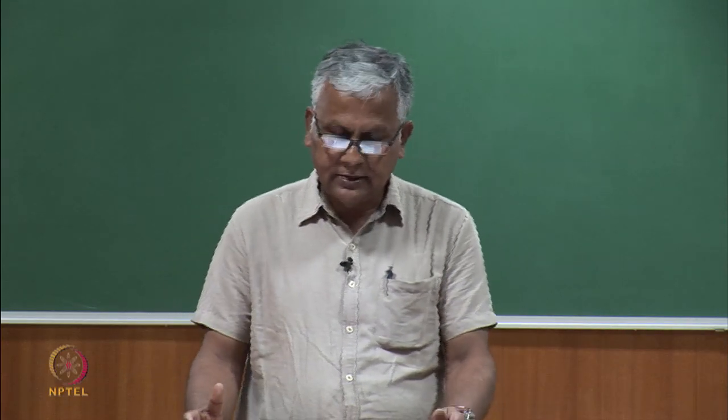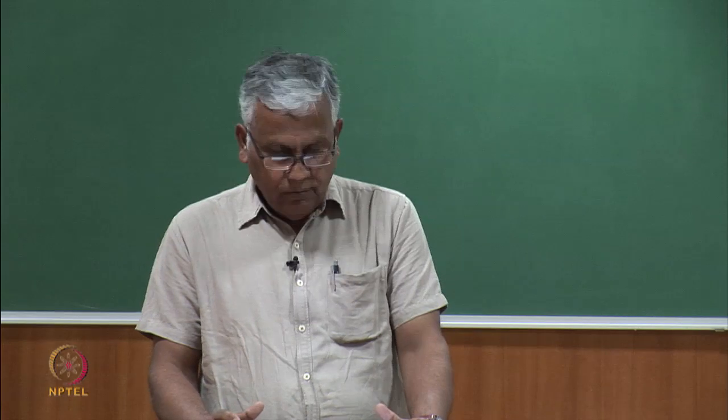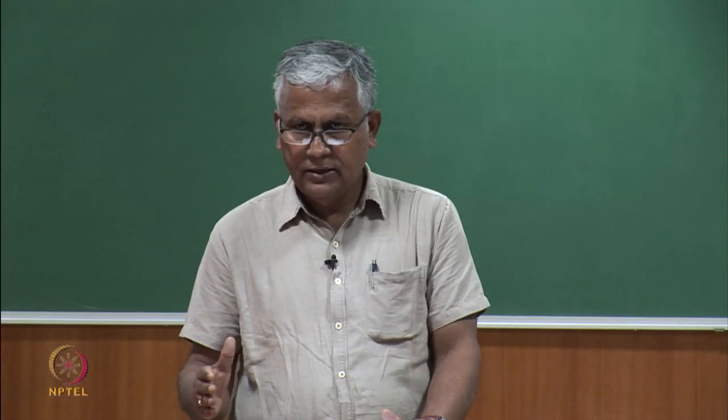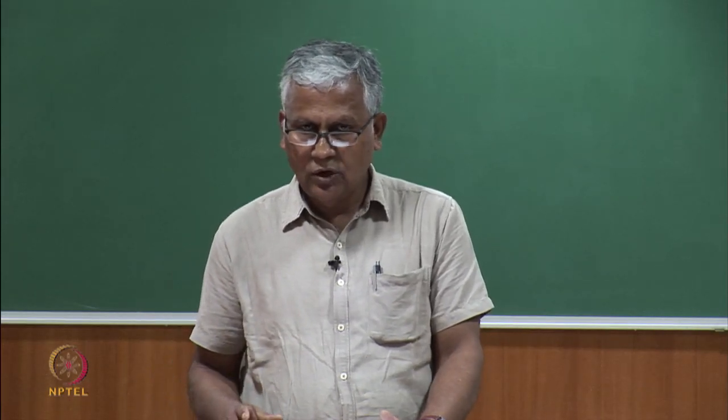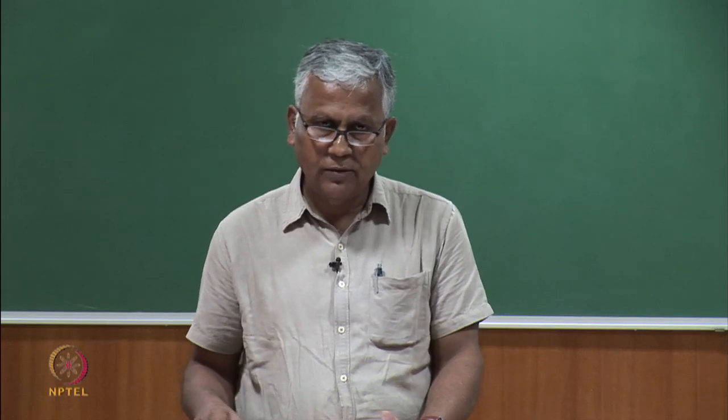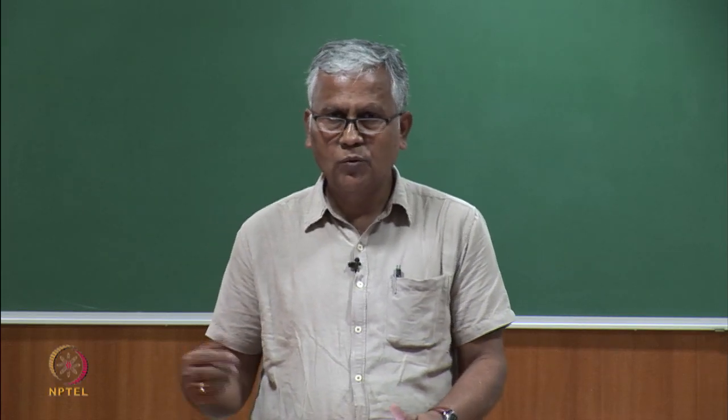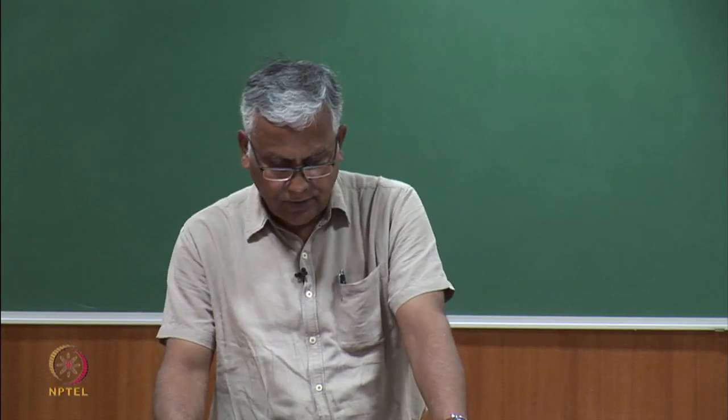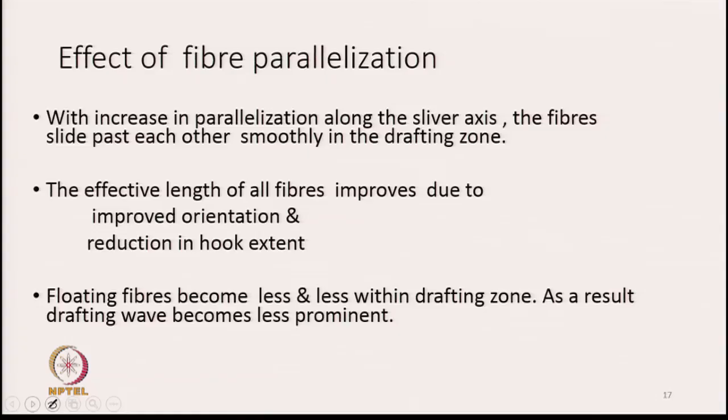So, parallelization is less, but if I feed a sliver which has already passed through the draw frame once, then there will be improvement in the parallelization of fibers and reduction in hooks. So, this sliver is going to be better in terms of drafting than the sliver which contains a lot of non-parallel fibers.